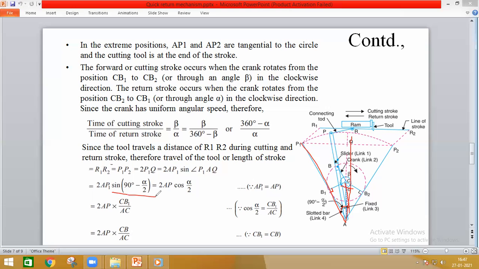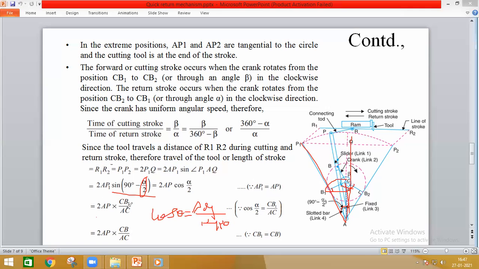So we know that sine of 90 minus theta is cos theta. Here theta is equal to alpha divided by 2. So 2AP cos alpha divided by 2. The cos theta can be written as CB1 divided by AC, which means cos theta is equal to adjacent side divided by hypotenuse.